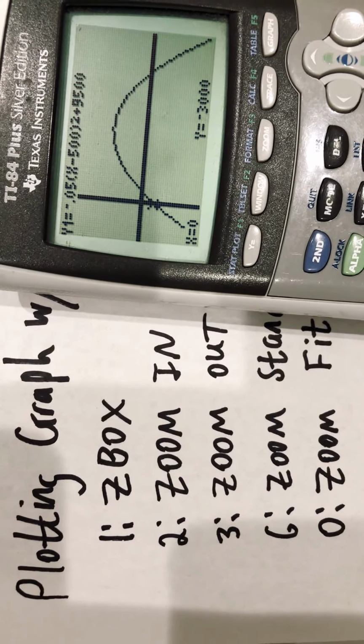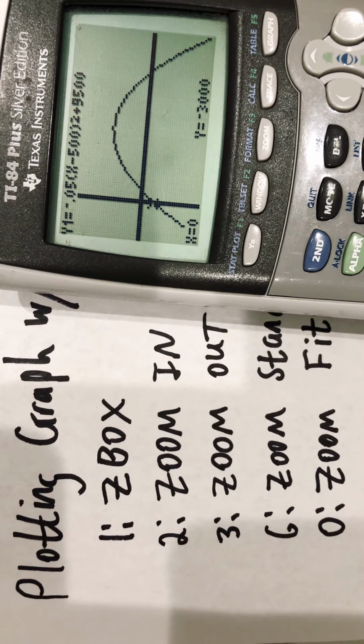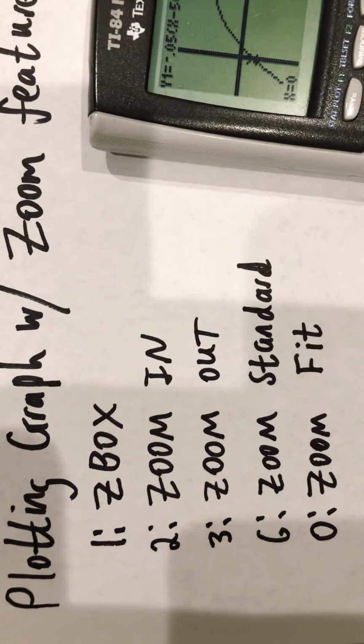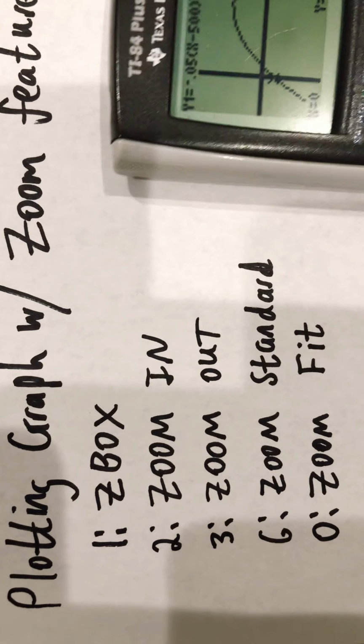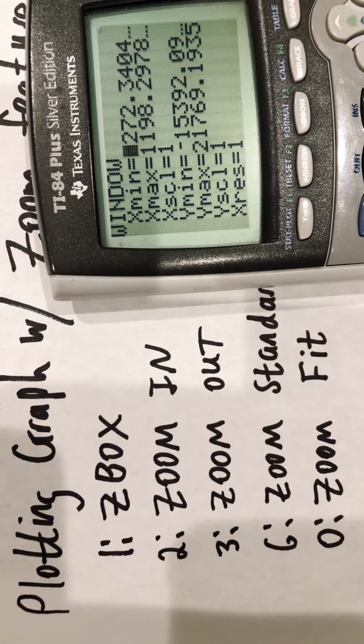So I just want to summarize by saying these zoom features are so powerful. In my time tutoring at SALT, I never ever touched the window. And if I mess with the window, I would only do it if the problem specifically asks to use a certain window or to identify a window.